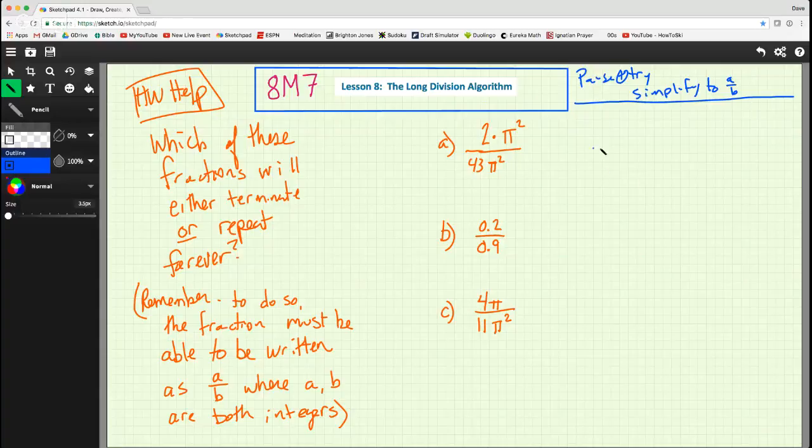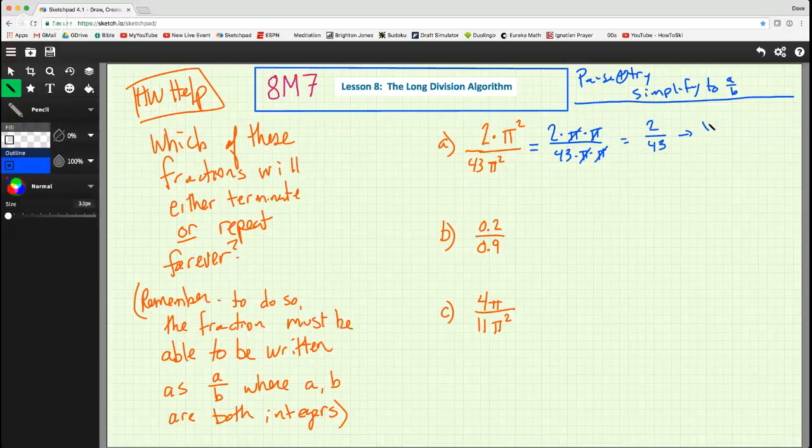So I assume you're back, and if you didn't understand the instruction, then you probably didn't understand the homework either. But let me show you what I mean. So this can be written as 2 times pi over 43 times pi times pi. Now we can eliminate the pi's, cancel top and bottom, and we get 2 over 43. So we know that this is written as the ratio of 2 integers.